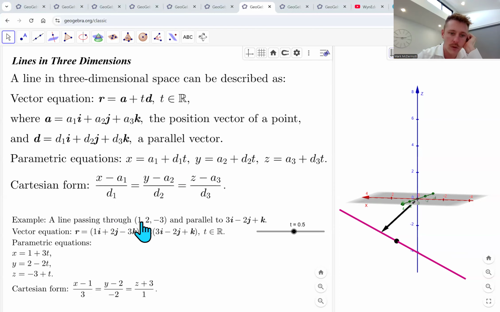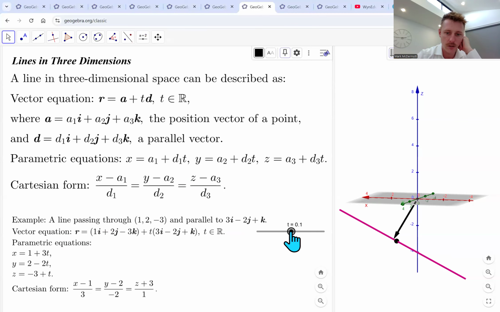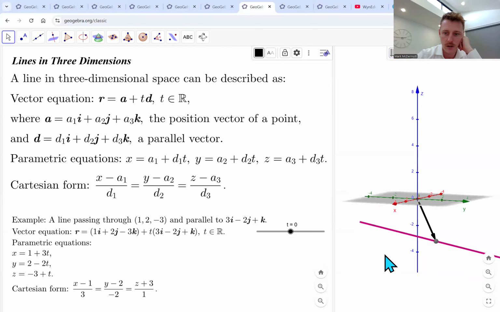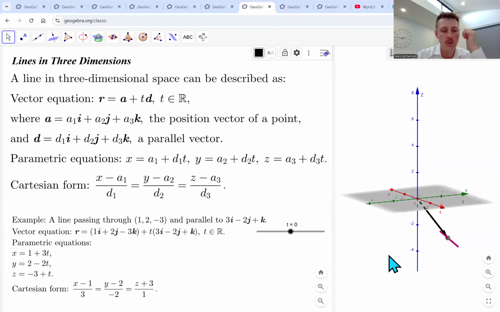A line passing through the point 1, 2, negative 3 and parallel to this vector 3i minus 2j plus k. So the vector equation, again, we pick a point. When t is 0, it's pointing at that point here, which is 1, 2, negative 3. X coordinate of 1, y coordinate of 2, z coordinate of negative 3.